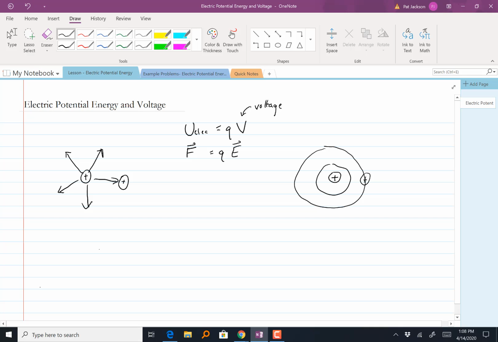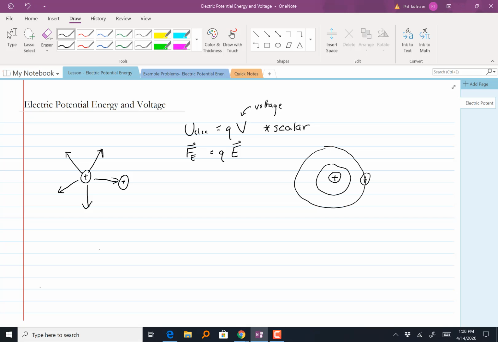The main difference between these two, one of the main differences, is that voltage and electric potential energy are both scalars, and as we've been noting repeatedly, the electric force and the electric field are both vectors, and so we're interested in their direction. Right.